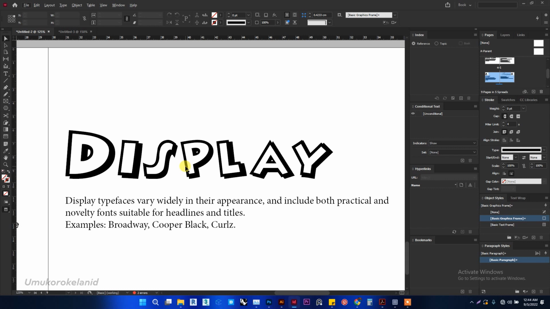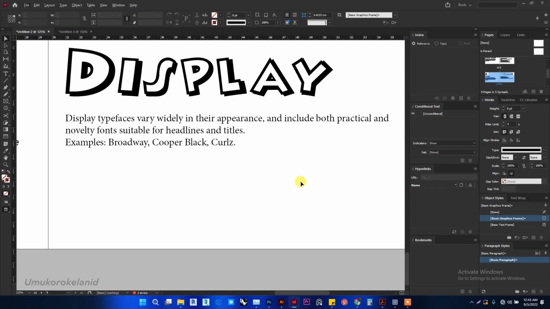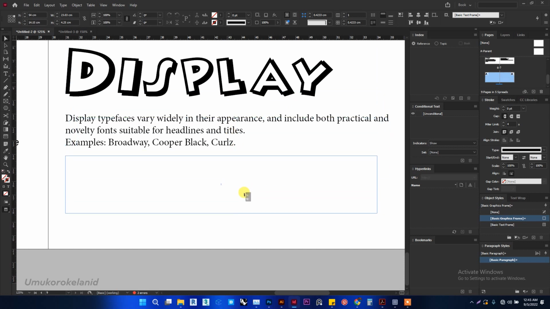So contrast, balance and all of that, it is good to relate most design principles with typefaces. It will help you reflect that you know what you're doing. So I'll give some examples of typefaces that are old fashioned.